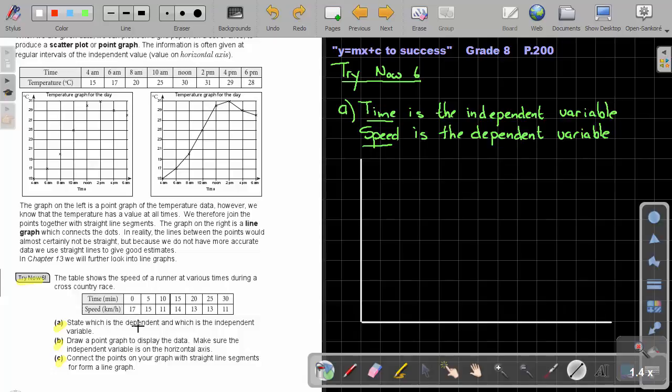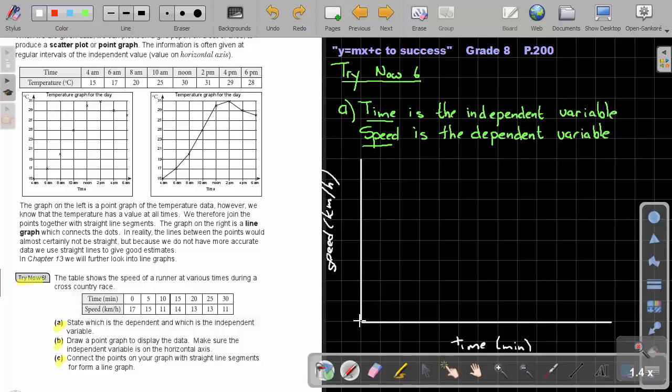Basically this is going to be my time, and this is going to be my speed. My time is going to be in minutes, and my speed is going to be in kilometers per hour. Let's work it out.